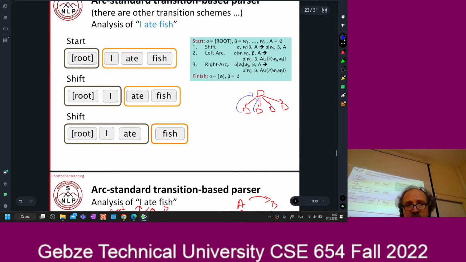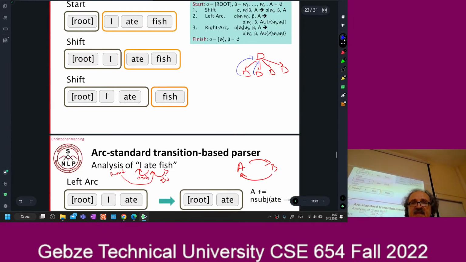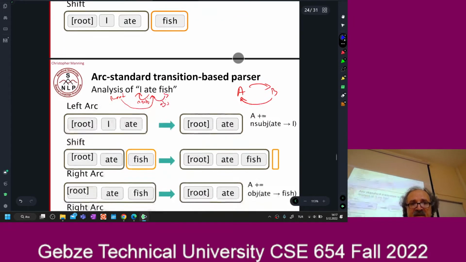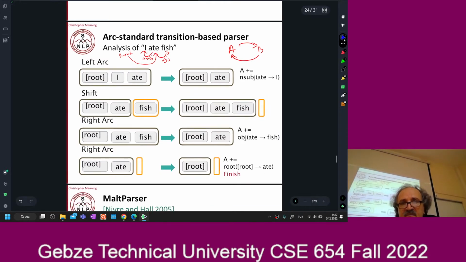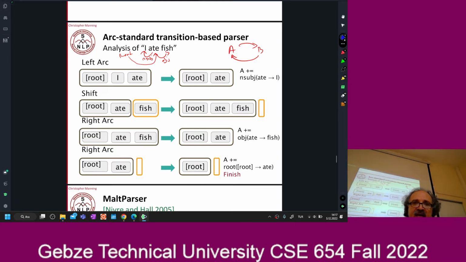Looking at these two, I decided that there is a left arc between "ate" and "I".